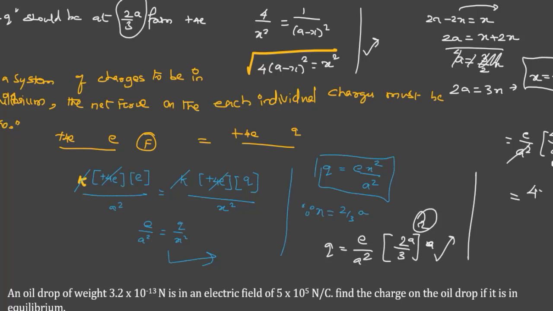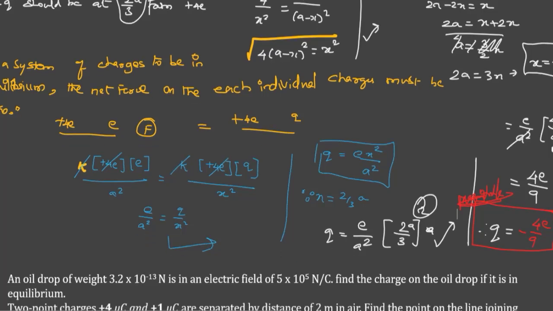So finally we can write 4e by 9. So the net value of q, already we have the negative sign, so we have to take minus 4 by 9 into e. So this is nothing but the magnitude of q. I hope it's clear.